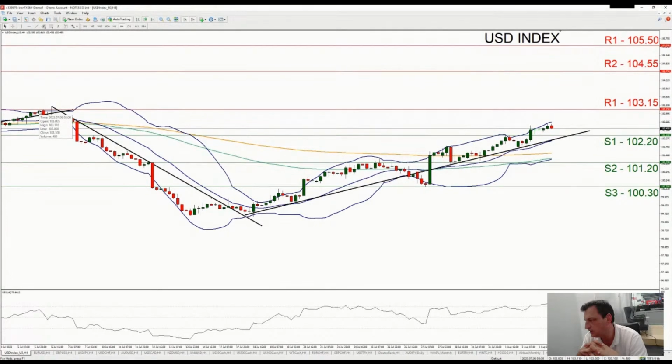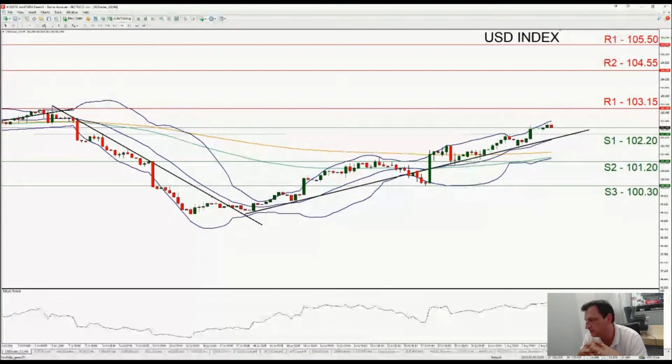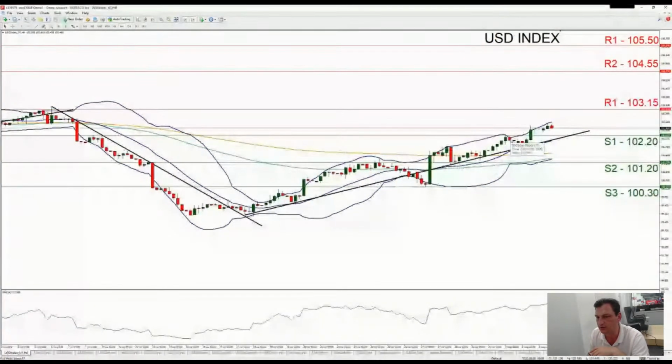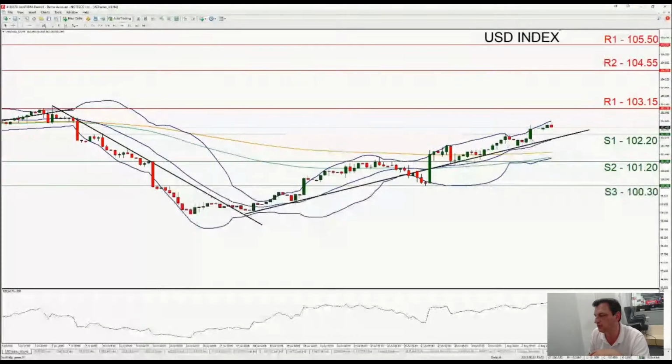I would be noting that for a possible bearish outlook, in my opinion, it's not probable, but it's still a possibility and should be covered. I would require the pair to break the S1 02.20, which used to be a resistance line once, twice, and has now been broken to the upside.